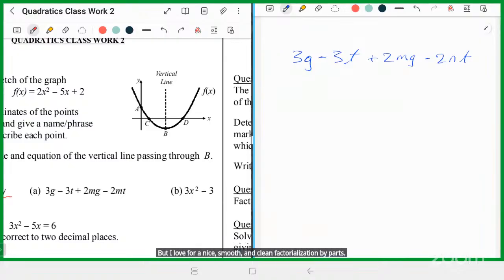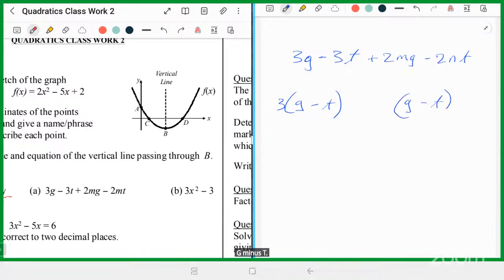So we'll proceed. Highest common factor in the first 2 terms is 3. 3 divided out of that is g. 3 divided out of this is negative t. What did we say? Put back the bracketed term over here first. G minus t. You can look, how do I go from plus 2m to this g being here?